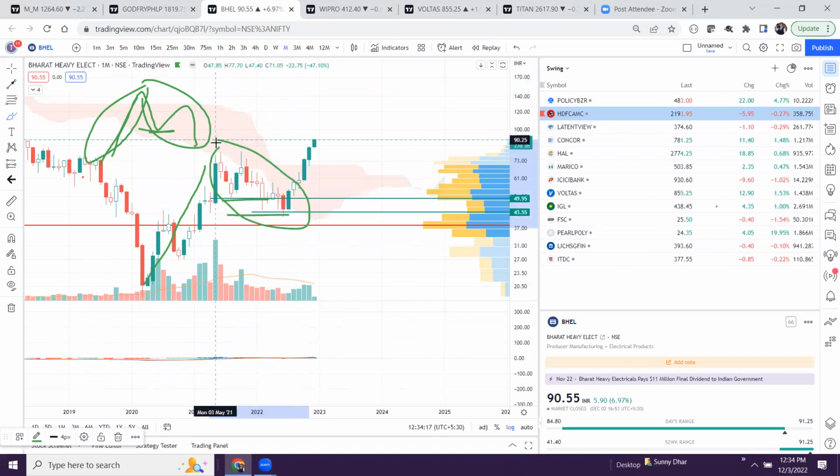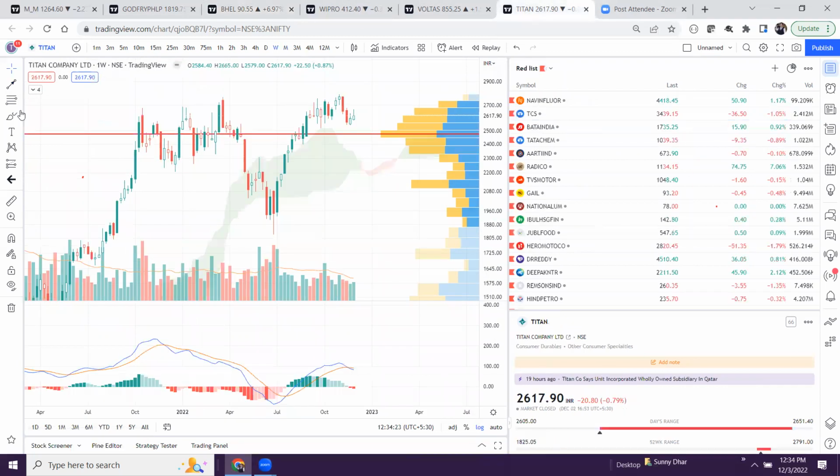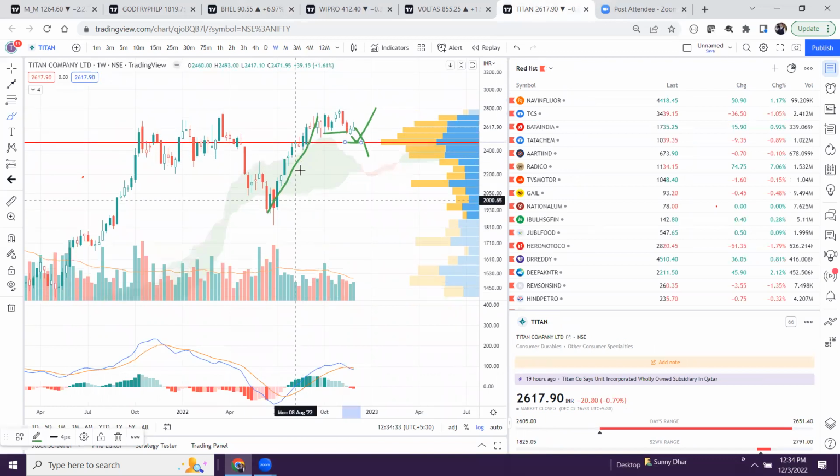This is a small period and the major trend is up. That means you will get upside. Now again apply the same to Titan. The major part looks up, and even if it breaks this part, it does not become bearish. It becomes bearish only if this major part is also gone, which is very far as of now.